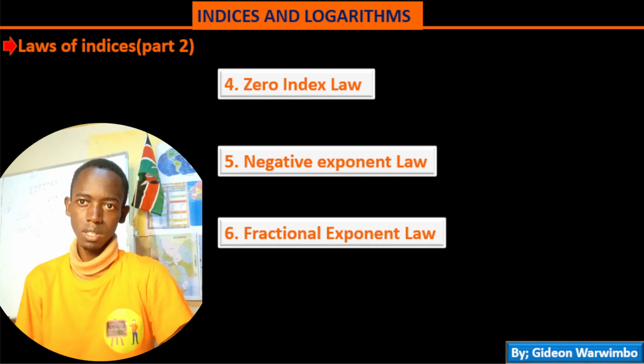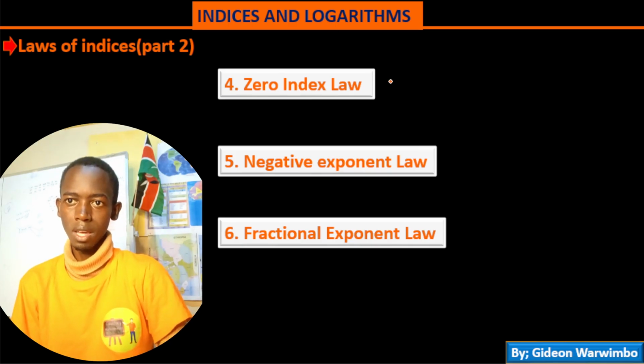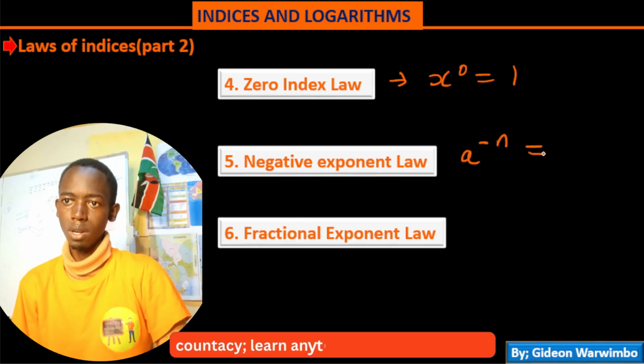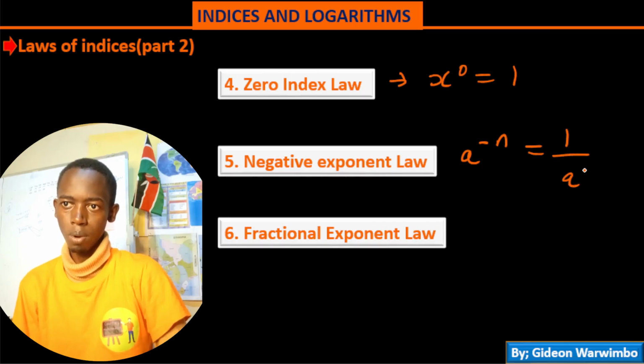But just a quick recap to enhance your understanding. What we've said is that whenever you've got a case like x to power 0, that one will always give you a 1. For the negative exponent law, whenever you've got a case like a to power negative n, this one will always be equivalent to 1 over a to power n.